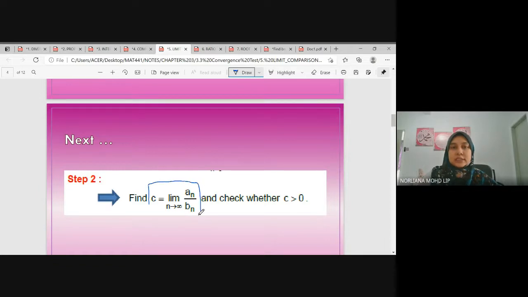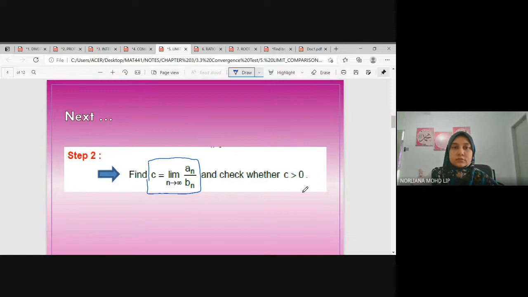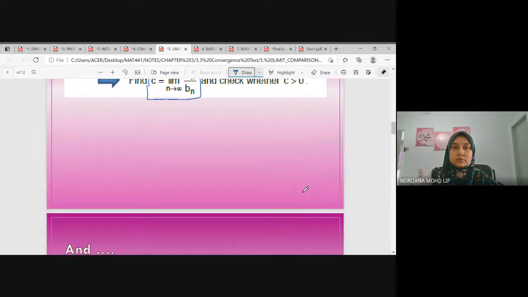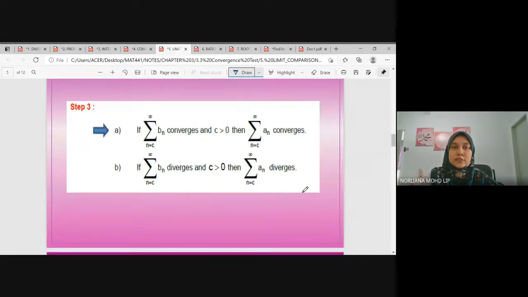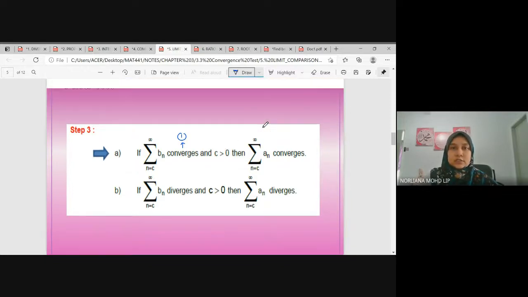Kita cari nilai c. Okay, and check whether c is greater than 0. And the last one is conclusion. If the series of bn converge from step 1 and c is greater than 0, then the series of an is converge.